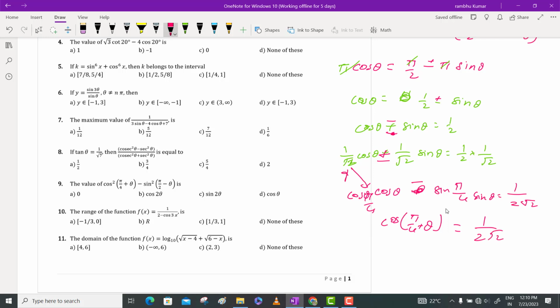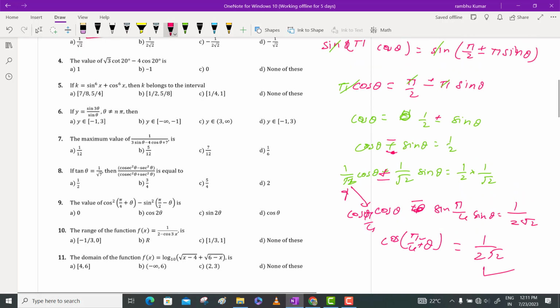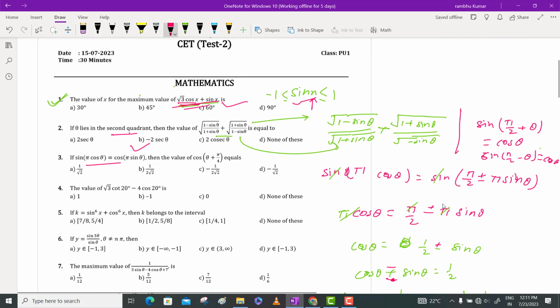So the answer for the question is plus minus in both the cases. So the answer is 1 by 2 root 2, the value of this given cos of theta plus pi by 4. Got it? So option B is the correct option.